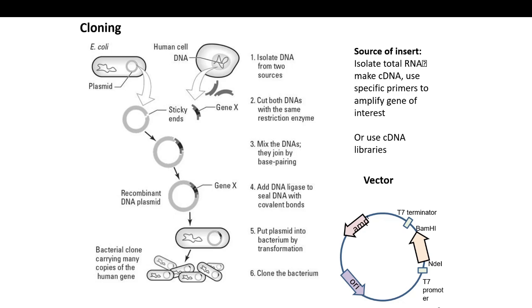So why cDNA? Because if it's a eukaryotic protein, and the main purpose of this cloning is to express the protein from the construct that we are cloning, we need a sequence which contains only the exonic sequences.